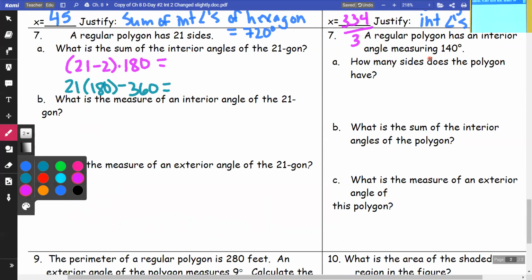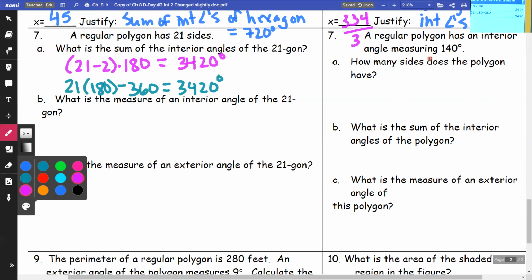So 21 minus 2 is 19 times 180, which is 3,420. 21 times 180 minus 360, again, we end up with 3,420 degrees. So either one of these ways is correct.